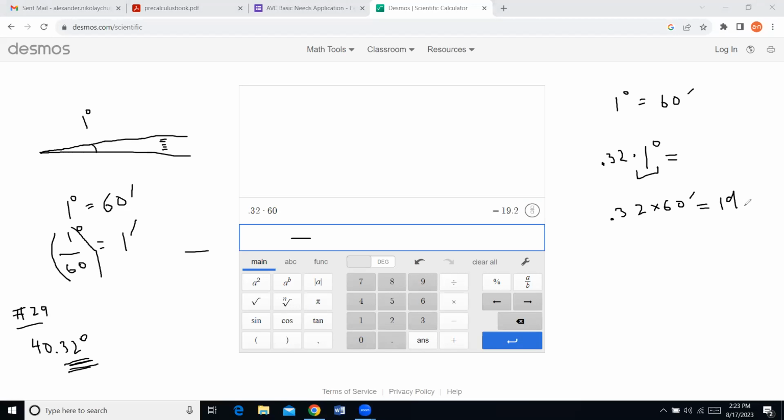So 19.2 minutes. Instead of doing this as 40 degrees, you can say it's 40 degrees and 19.2 minutes. See? Those are little tiny pieces. And again, it's 19 minutes, but what about 0.2?